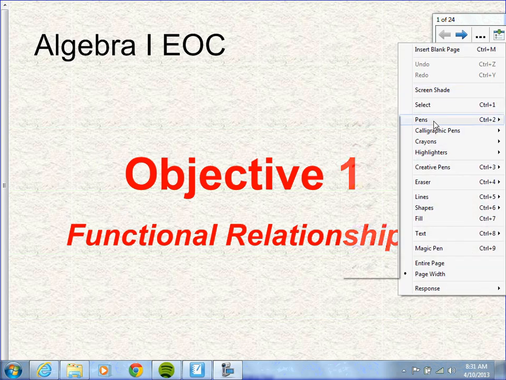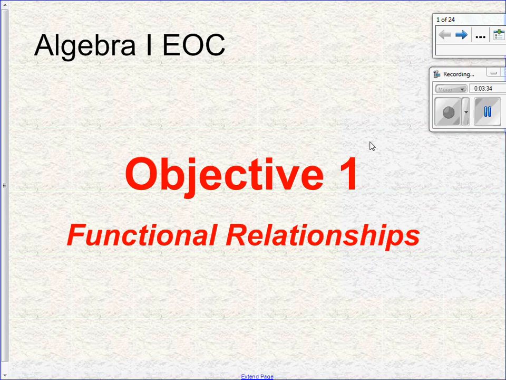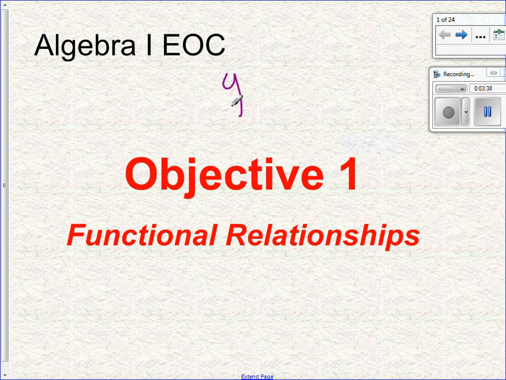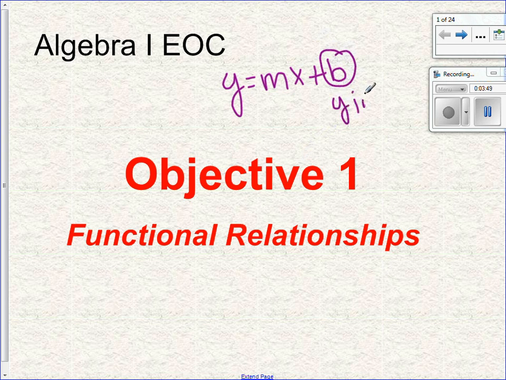Before I get into functional relationships, we need to identify a linear function in the form of y equals mx plus b. What does b stand for? This is our y-intercept. It's also our constant. So if you were given a problem and it said an initial charge of something, that's always going to be your constant.